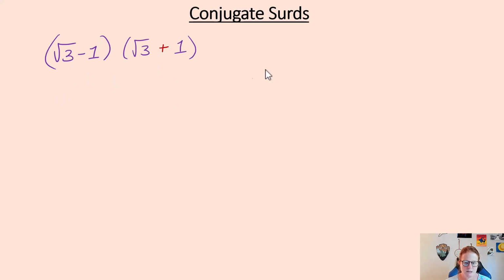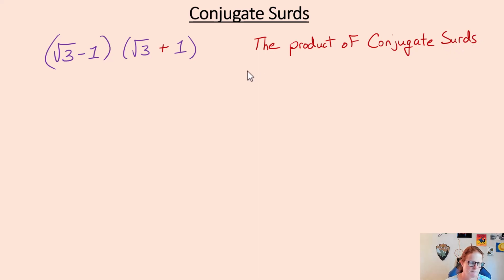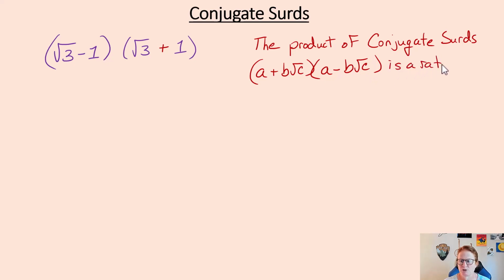Okay? So, from your book, here's the statement. The product of conjugate surds a plus b square root of c times a minus b square root of c is a rational number.